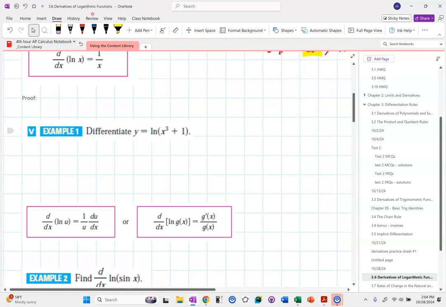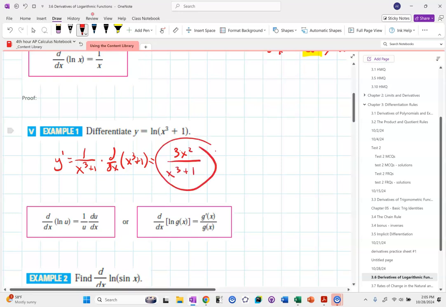So if I look at this guy, this is a chain rule, right? The outer function is the natural log. The inner function is x cubed plus 1. So the derivative of the outside is 1 over the inside times the derivative of x cubed plus 1. So that's going to be 3x squared over x cubed plus 1.